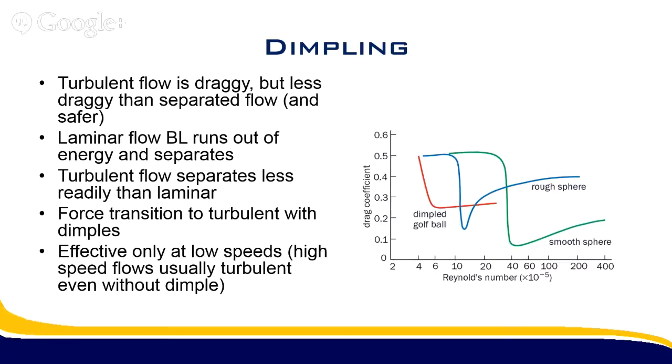So it's really only effective at low speeds. And you can actually even see from this graph over here, if you can help it, you want that low drag as long as you can before actually transitioning to the rougher surface, the turbulent flow.